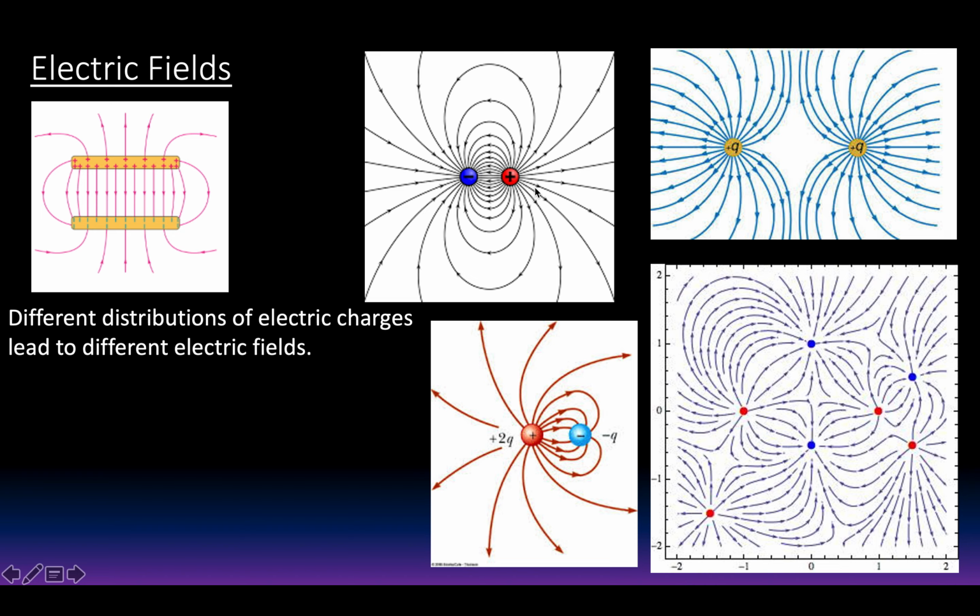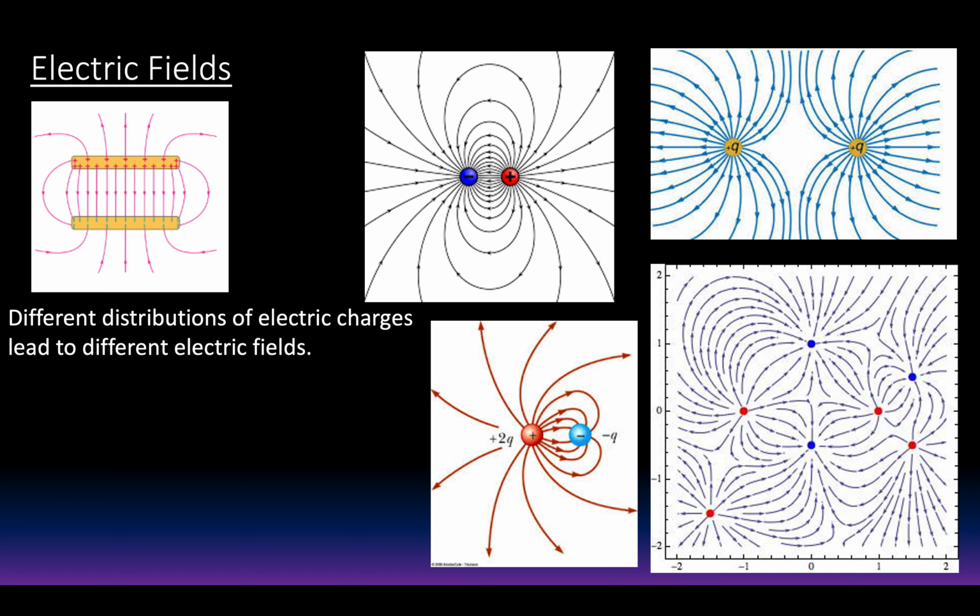This is known as an electric dipole, which has its own interesting phenomenology associated with it. And in this picture on the lower right, we have a whole lot of charges that are just randomly thrown about. The blue charges are negative and the red charges are positive, and this random combination makes for an interesting electric field.